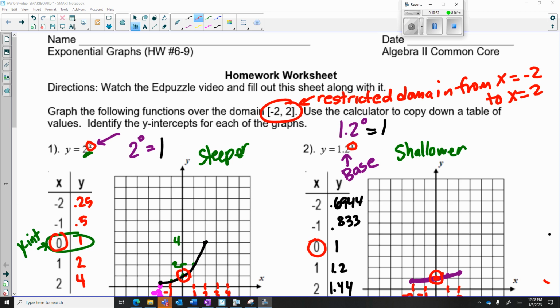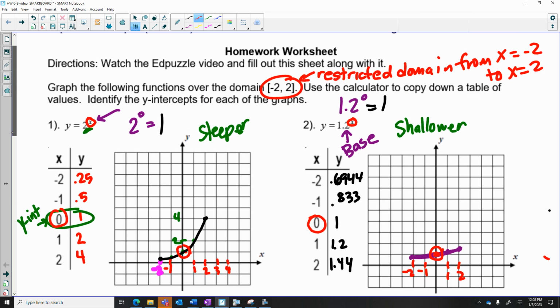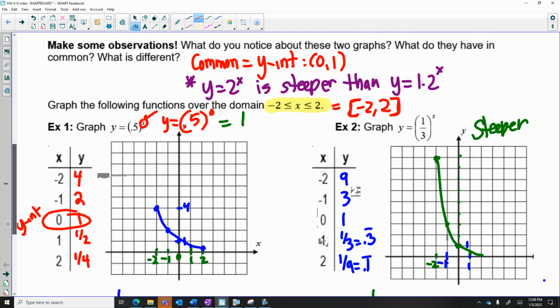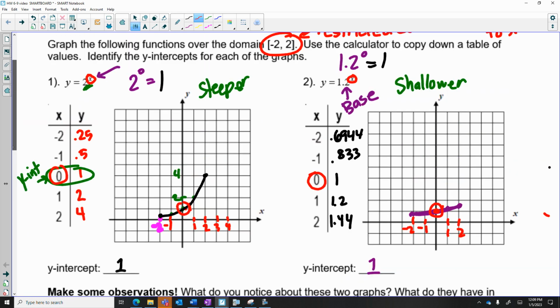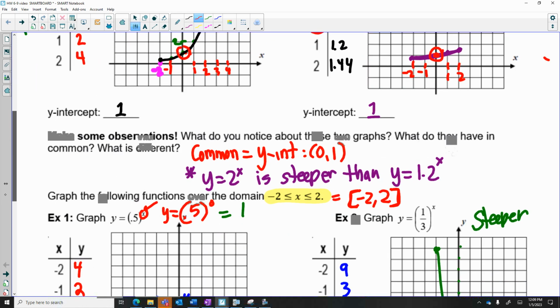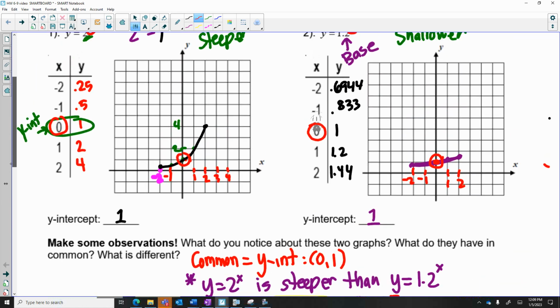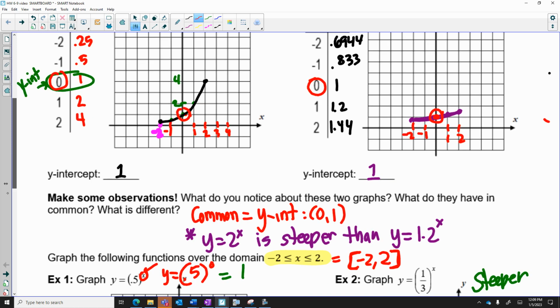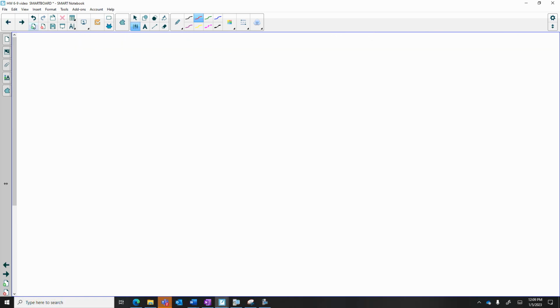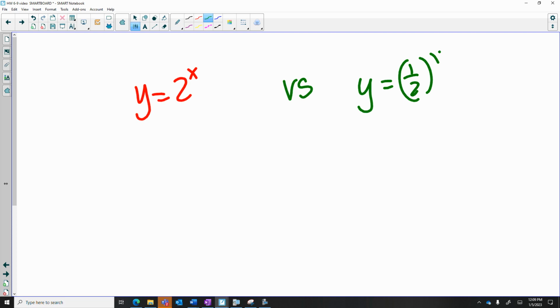So now I'm thinking, can we make a connection between 2 to the x and (1/2) to the x and 1.2 to the x and (1/3) to the x? Well, actually 1.2 is not really related, but let's just talk about 2 to the x and (1/2) to the x. y equals 2 to the x versus y equals (1/2) to the x.